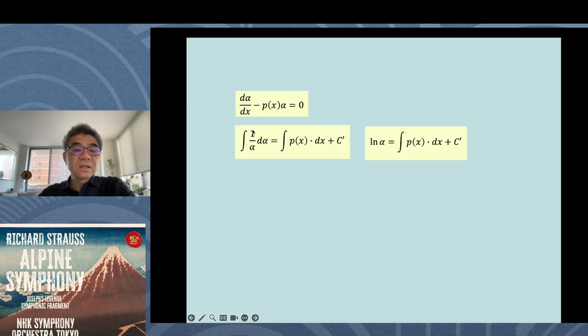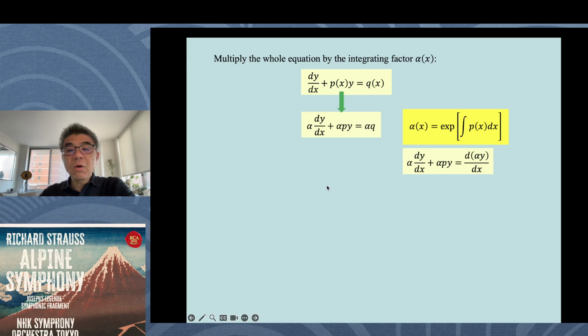And this integration is easy. It's log alpha, and it is equal to the integral of px dx plus, again, when you do the integration, you can always add a constant c prime. The result will still be satisfied. Therefore, take the exponential of both sides. It becomes alpha equal to exponential of the integral of px times dx. So that's how we get the integrating factor.